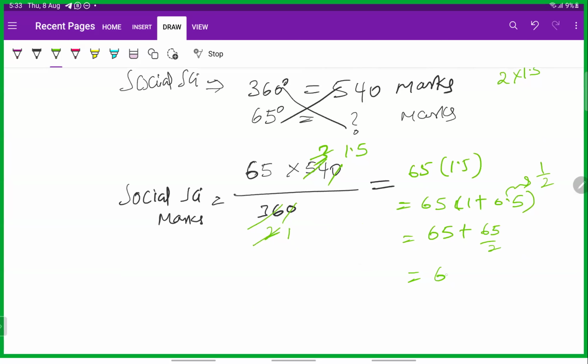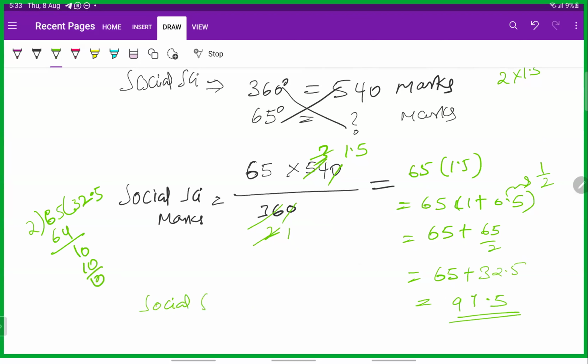So that will be equal to 65 plus 32.5, that is equal to 97.5. So social science marks is 97 and a half.